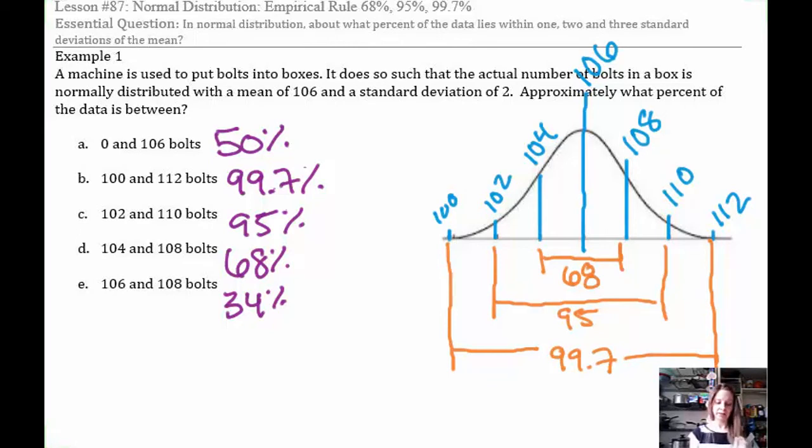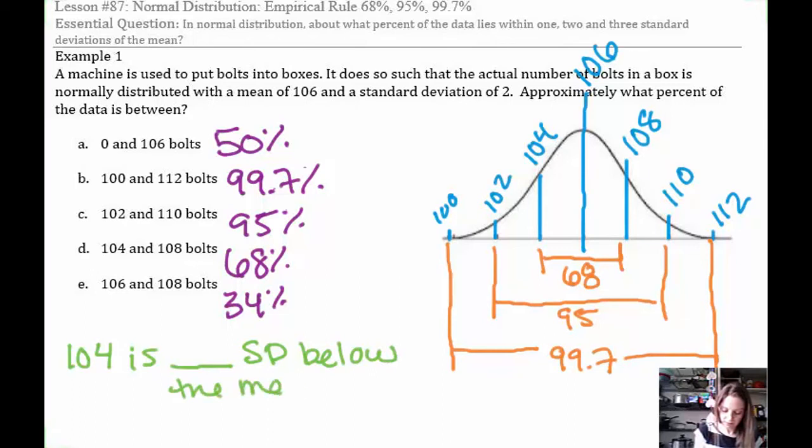There's one other thing I wanted you to be able to say, and that is, for example, that 104 is some amount of standard deviations below the mean, and 110 is blank standard deviations above the mean.